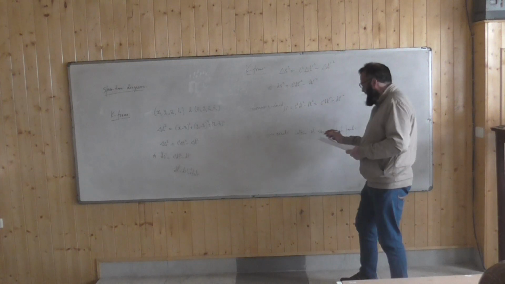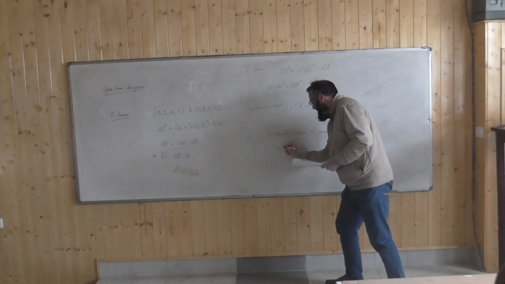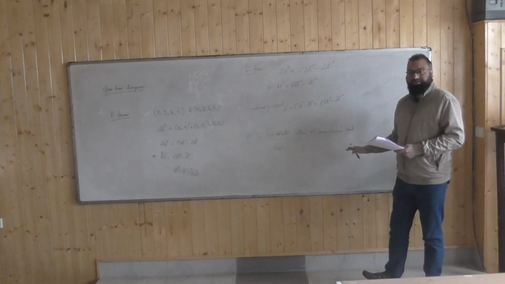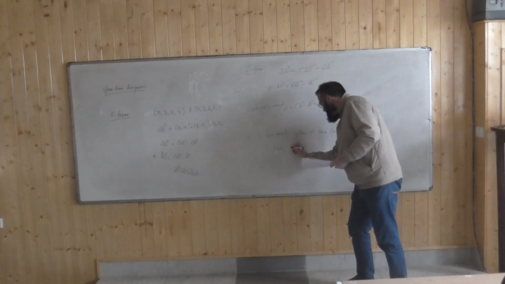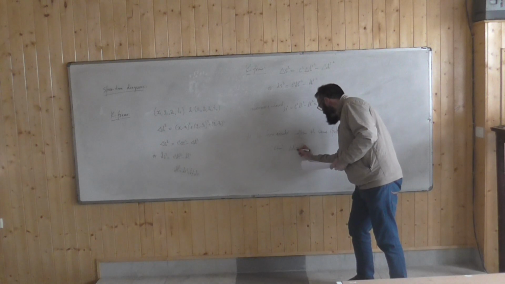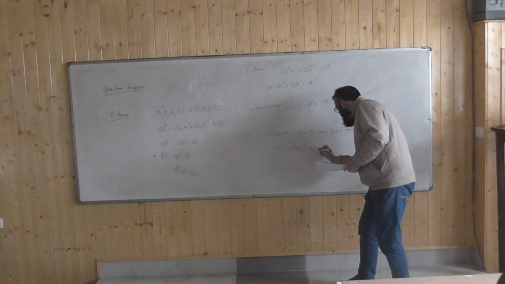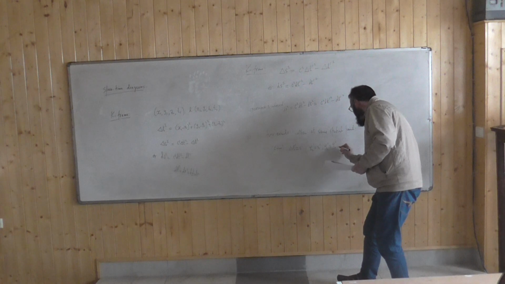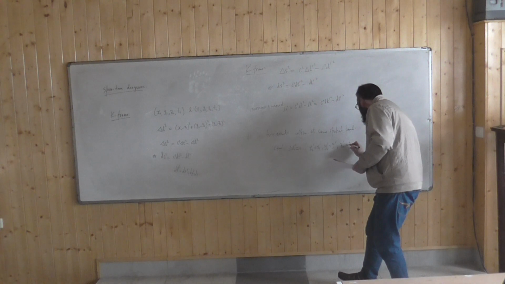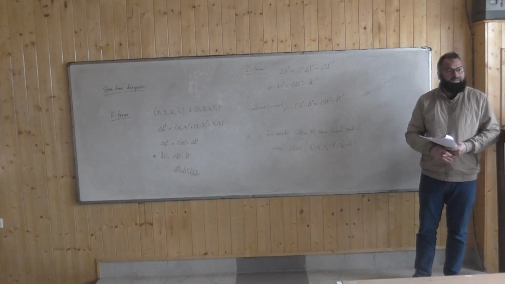What does that mean? Let's assume in the K prime frame they occur at the same spatial point. So delta l prime is equal to 0. That is, x2 prime is the same as x1 prime, y2 prime is the same as y1 prime, and z2 prime is the same as z1 prime. Clear?